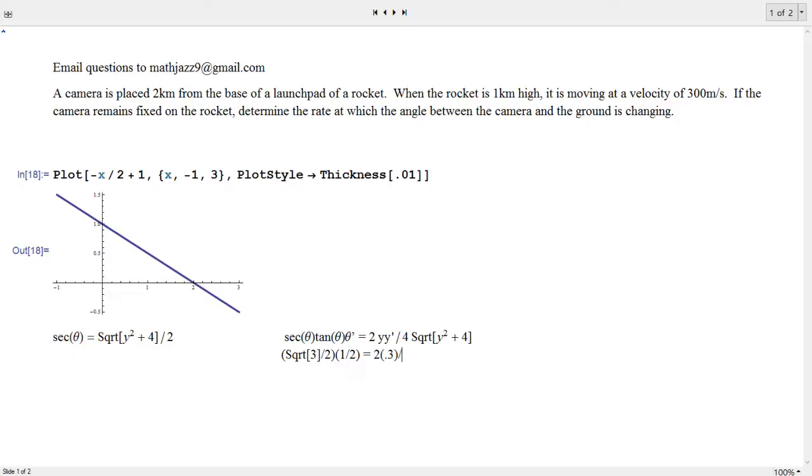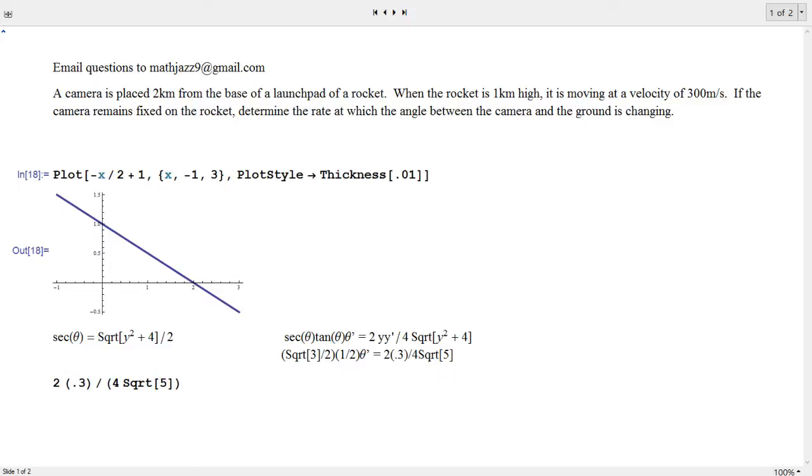We divide it by 4 times the square root of y squared, where y is 1, so y squared is 1, plus 4 is going to be 5. Oh, and I forgot to put our theta prime in there again. And then we just solve for theta prime. So we know that our theta prime is going to equal 2 times 0.3 divided by 4 times the square root of 5.